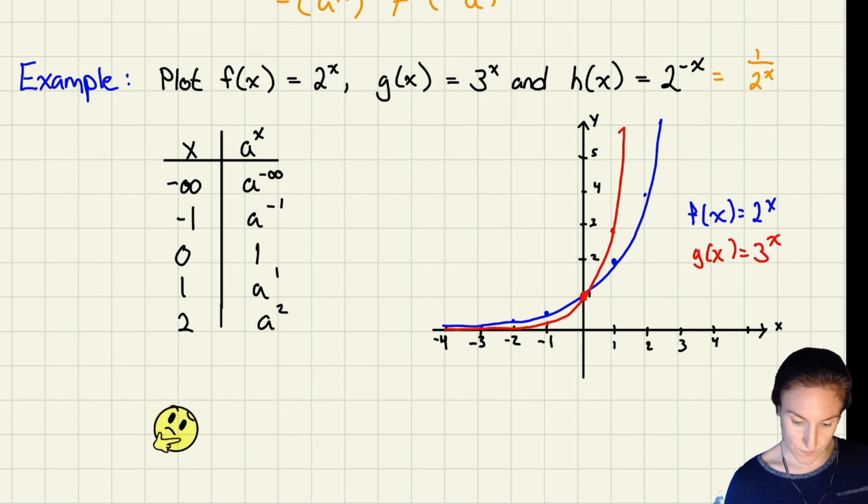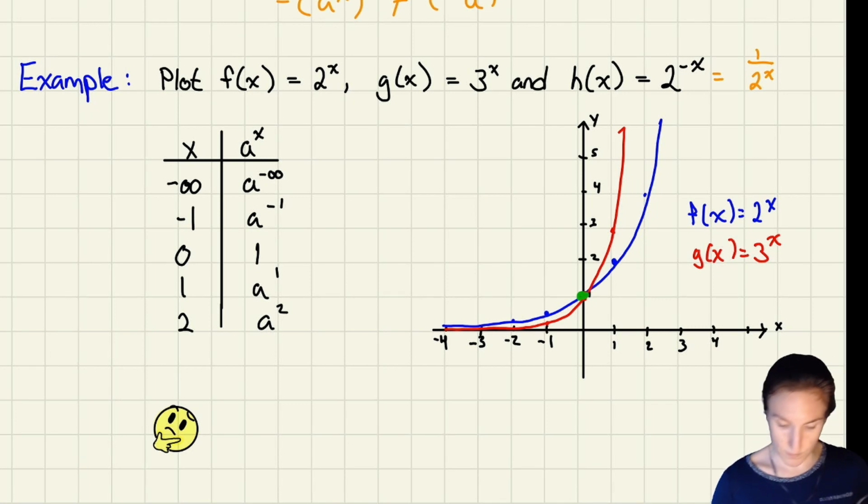Now for the case of our 1 over 2 to the x. Okay, we are also going to be at the same spot if our x is equal to 0. If our x is equal to positive 1, then we're going to get 1/2. If our x is 2, we're going to get 1 over 4.